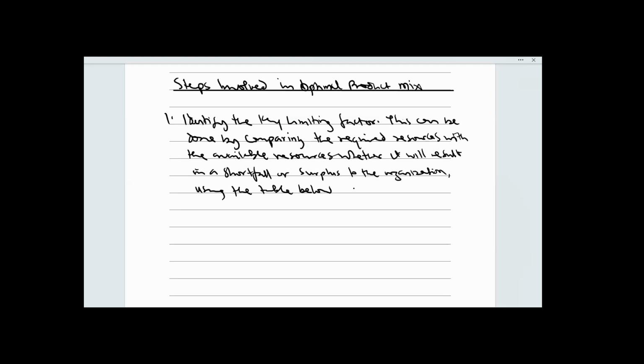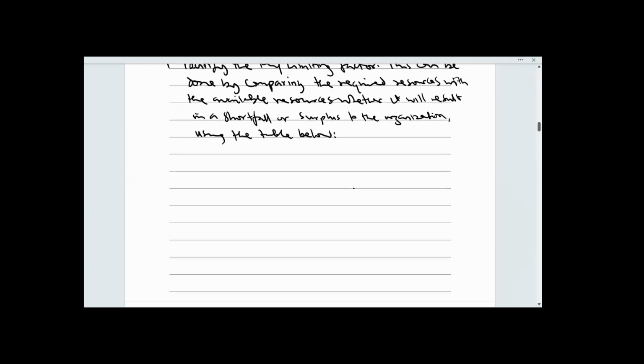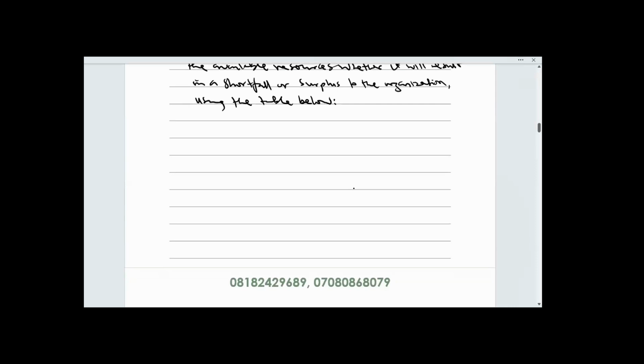To do this, you can use this format. We create about 4 columns. Before that, you can just write: confirmation of insufficiency in key factor.